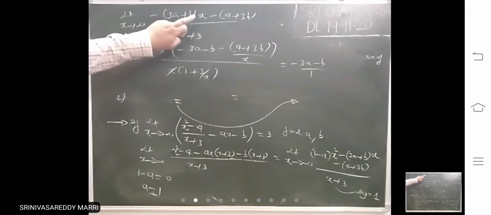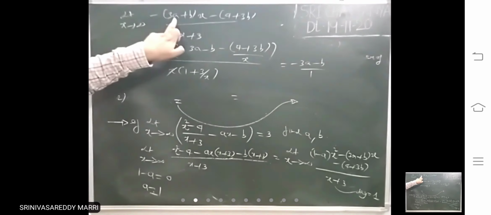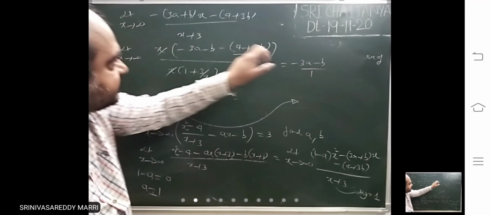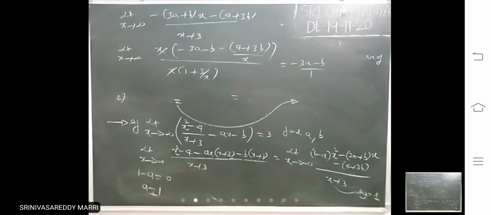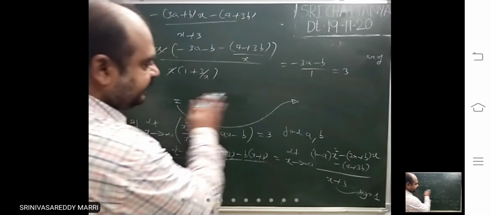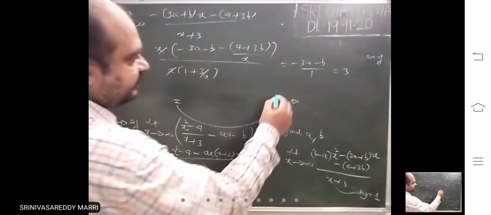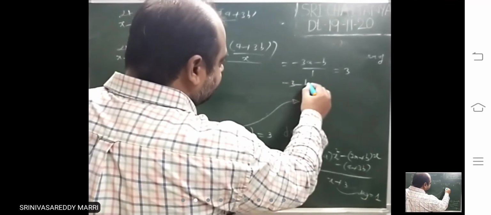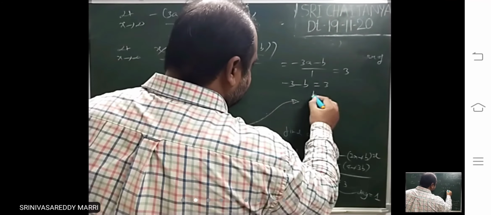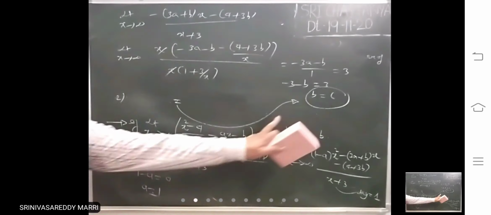This limit value is nothing but the coefficient of x divided by the coefficient of x. The coefficient of x is minus 3a minus b, divided by the coefficient of x, which is 1. This limit is given as 3. Find the limit and equate to that. A equal to 1, you got minus 3 minus b equal to 3, so b equal to 6. Therefore a equal to 1 and b equal to 6.